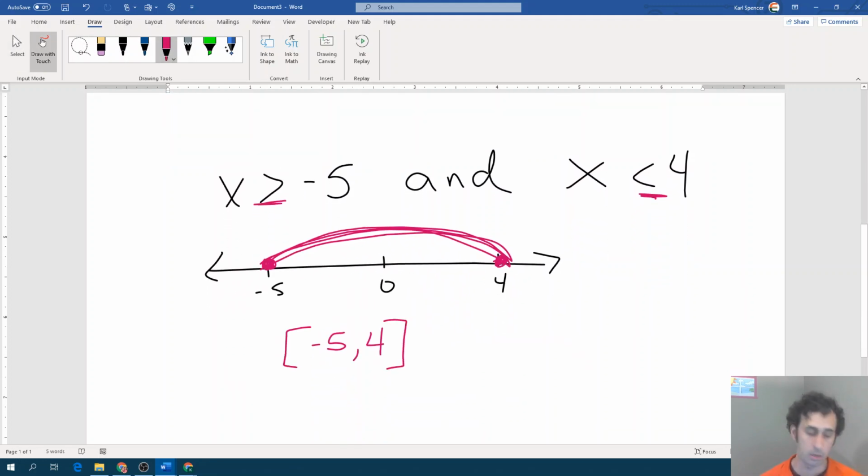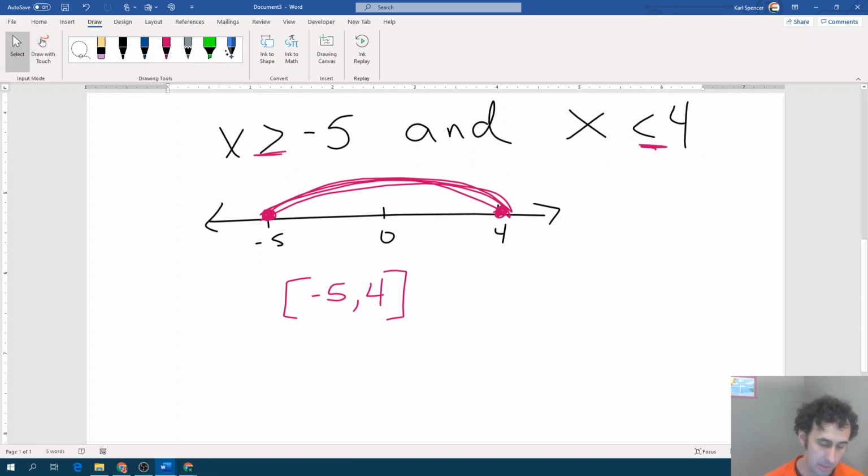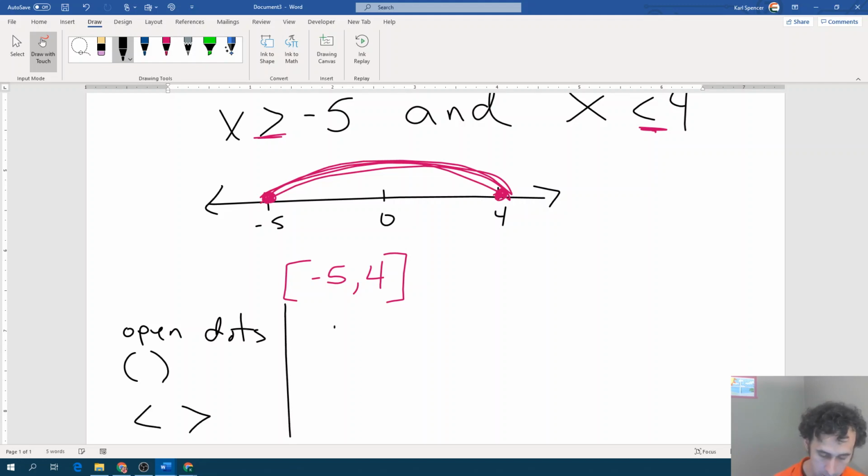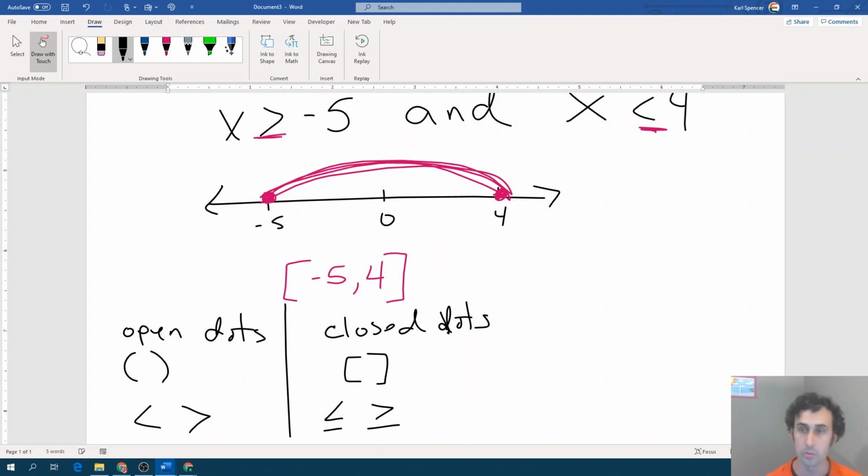Maybe a way to think about that is you use parentheses for open circles, or open dots we'll call them. So open dots are for less thans and greater thans. And when you have the closed dots or the filled in dots, that's when we're going to use the brackets. And that's when we use less than or equal to and greater than or equal to. So it's a way of writing all the numbers that exist.